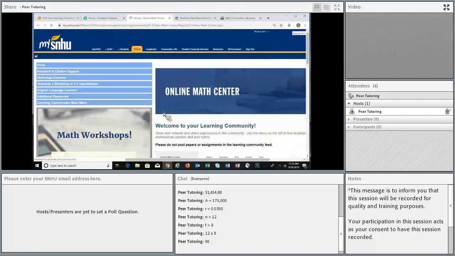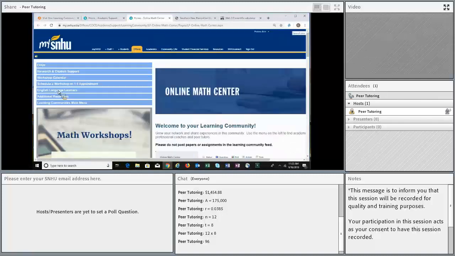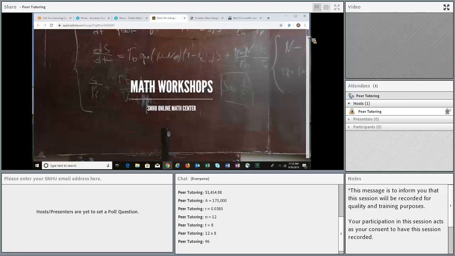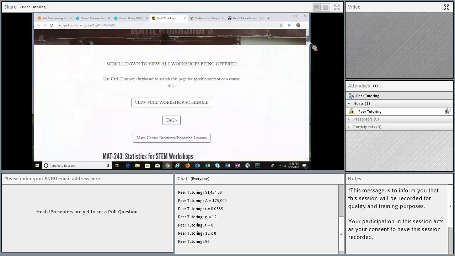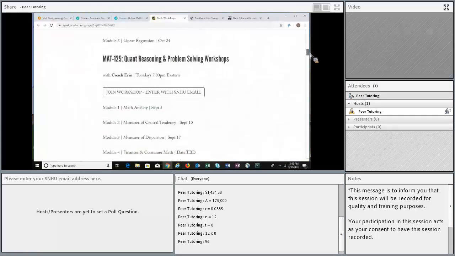All right, so let's go back here. If you visit your learning community, you have access to, click on Online Math Center here. On the left-hand side, we have a workshop calendar.